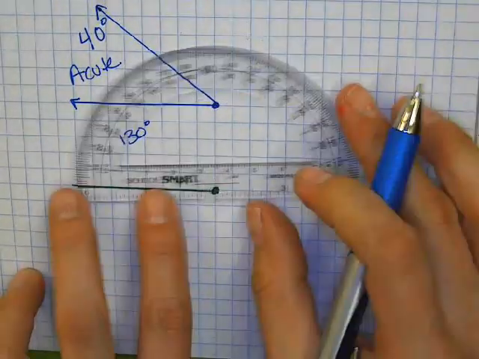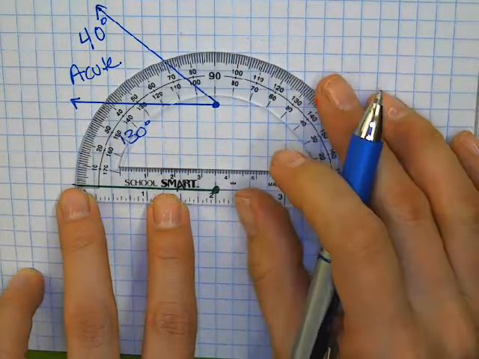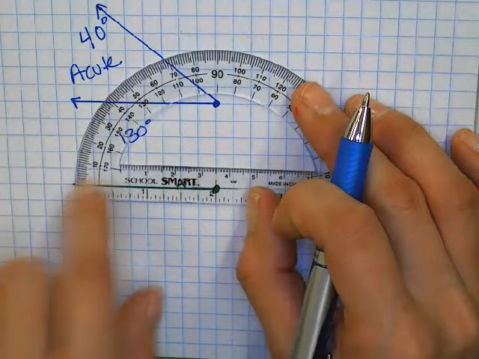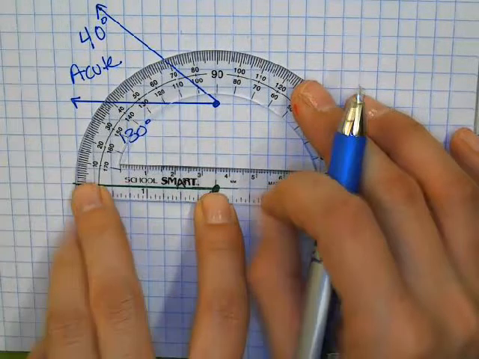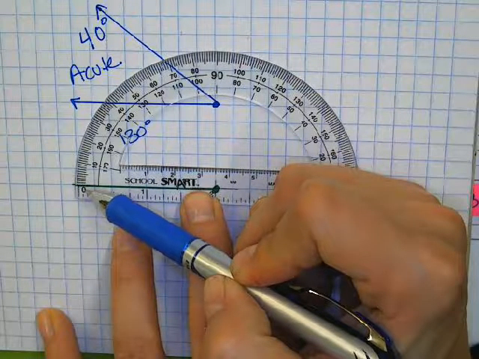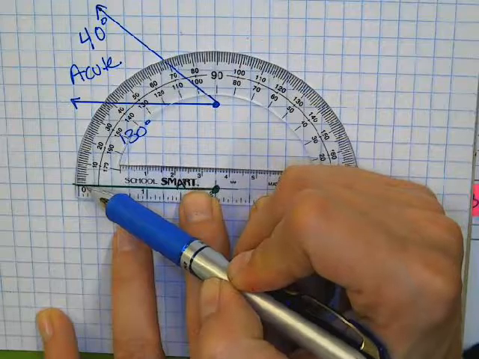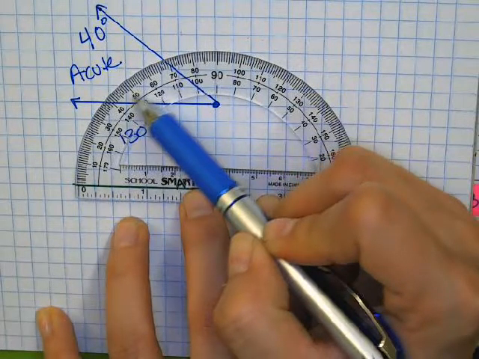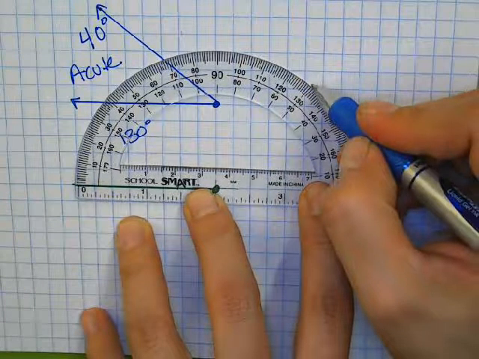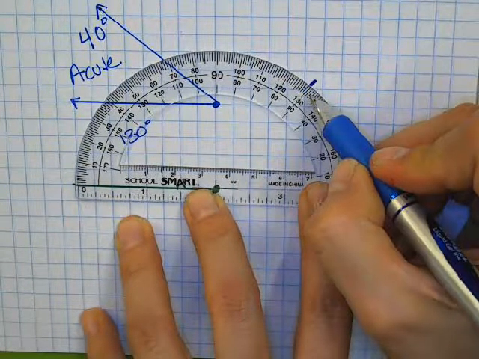Put the dot on the T. Make sure your line measures up to the 0. Dot on the T. And then, inside or outside numbers? Well, look. Outside numbers. All the way to 130. There's 130. I'm going to put a dot on 130. Wherever 130 is, I'm going to put a dot.